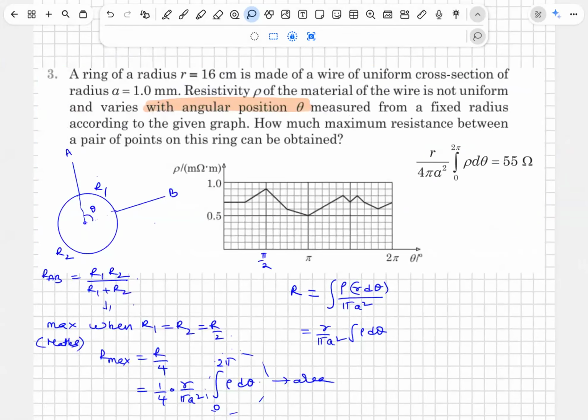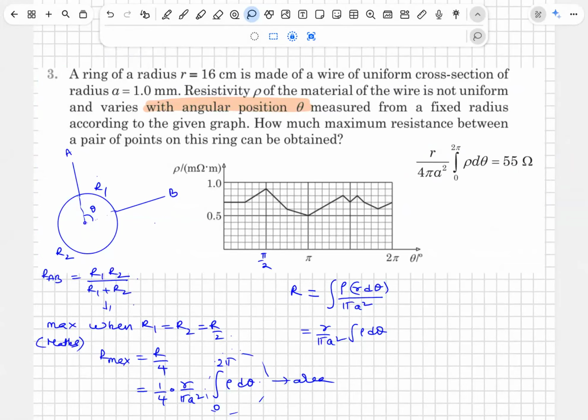A ring of radius R equal to 16 centimeters is made of a wire of uniform cross-sectional area, but different portions have different resistivities. So that is okay, fine. They have given that in the question clearly.